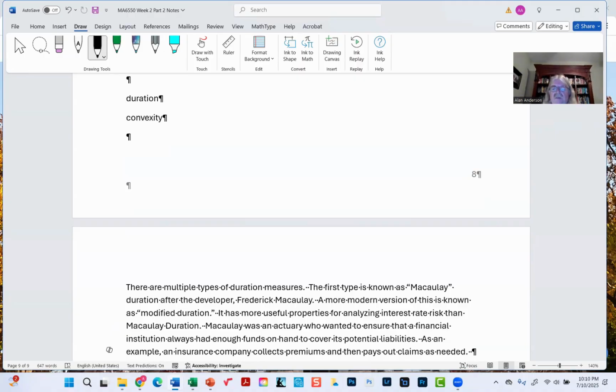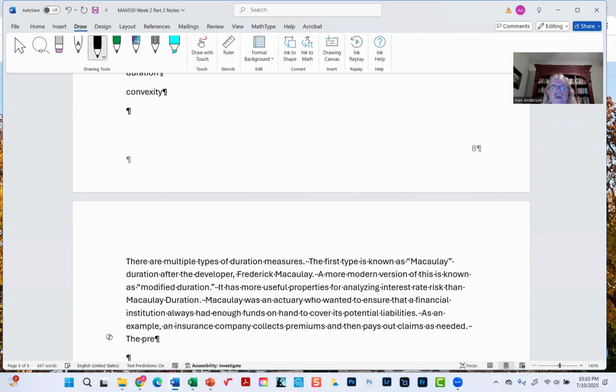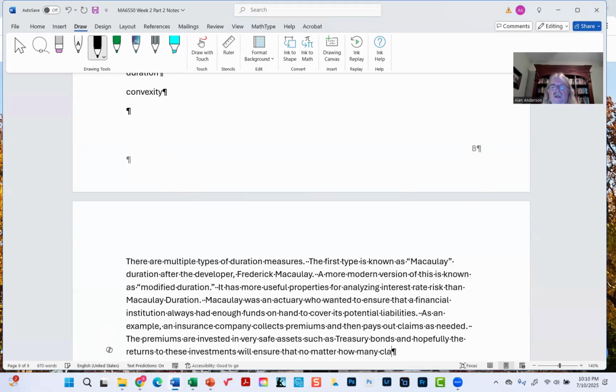Well, the premiums are invested typically in something very safe, such as treasury bonds. And hopefully the returns to these investments will ensure that no matter how many claims take place, the insurance company will have enough money to cover them.